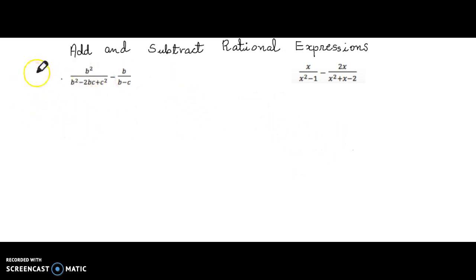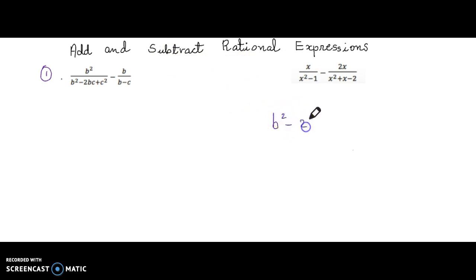I'm doing question number 1, so ignore question number 2 for now. I'm going to take the space on this side also for this question, so don't get confused. For question 1, I'm going to factor the denominator on the right side.